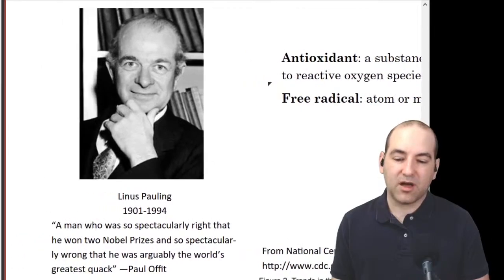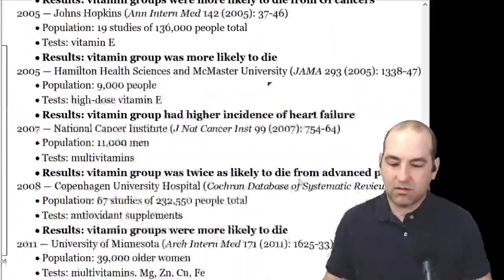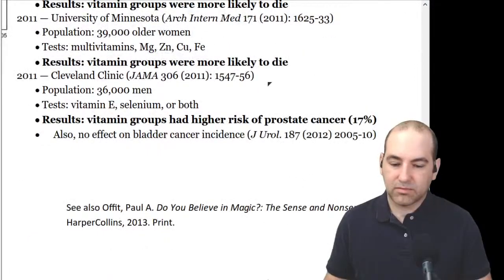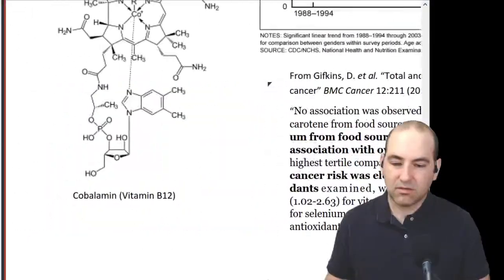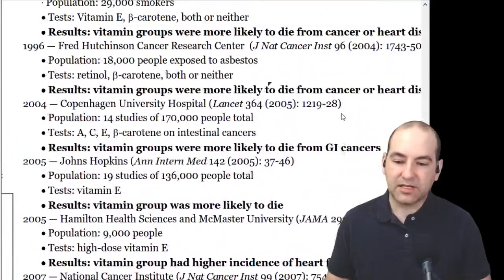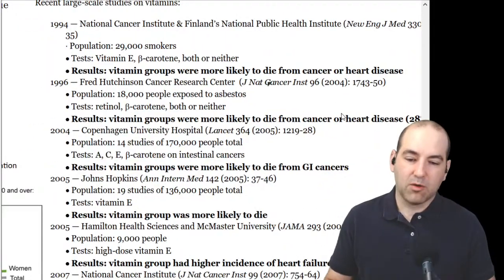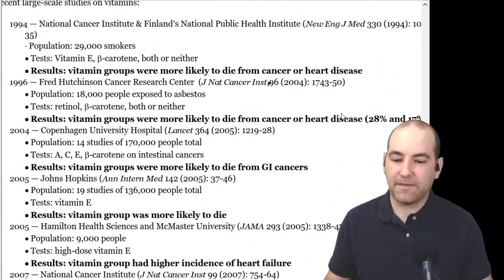And then kind of coming off on this trend, people did start to study this stuff because so many people were taking vitamins and people were talking about them.